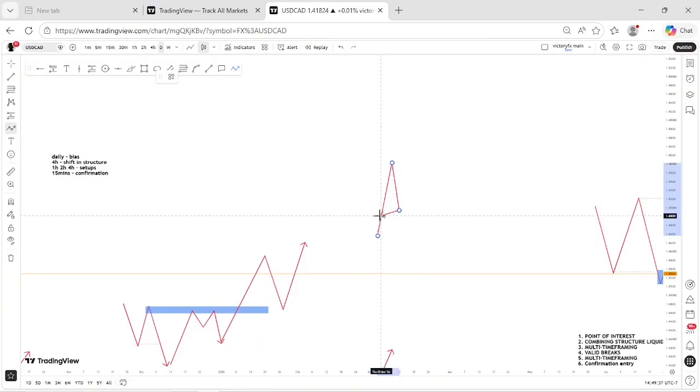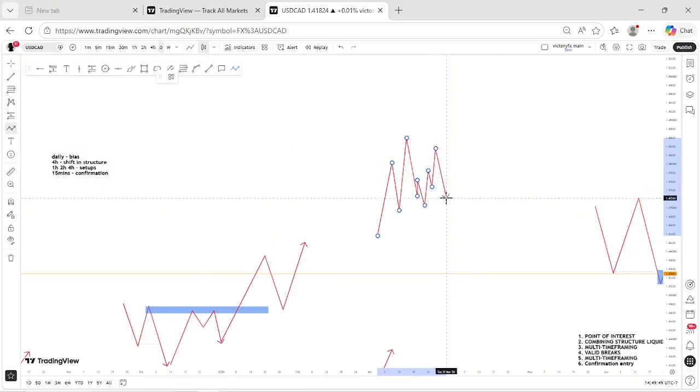We have a break of structure. And then inside this zone, now we have a sweep, break, inducements. Now this setup is not valid. We have the sweep, right? We have a break of structure, and we have inducements.